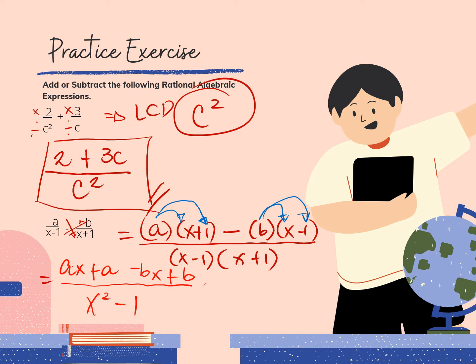Combine like terms. Parang wala tayong like terms. Okay, so if that's the case, that will be our final answer. So that's how we add and subtract rational algebraic expressions.